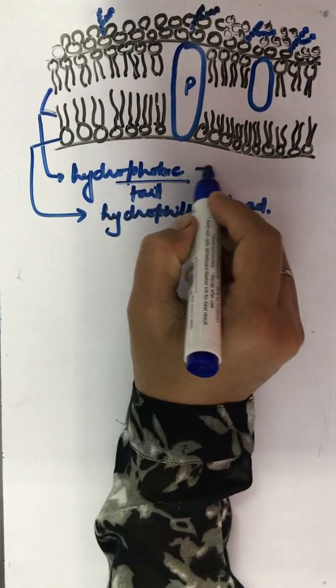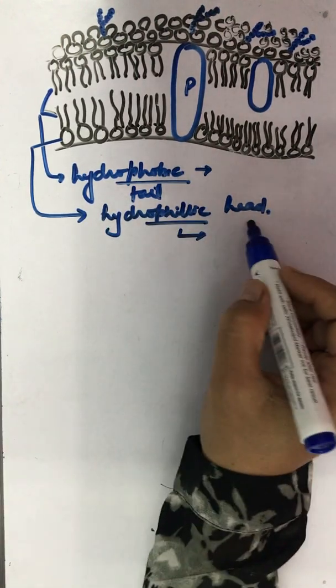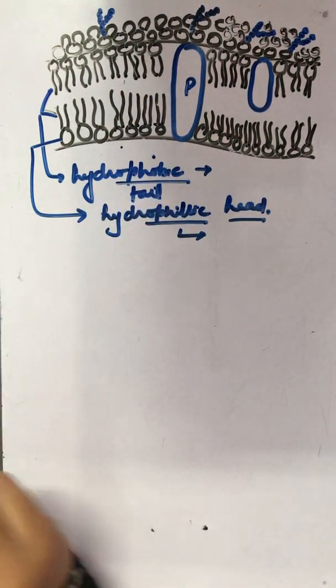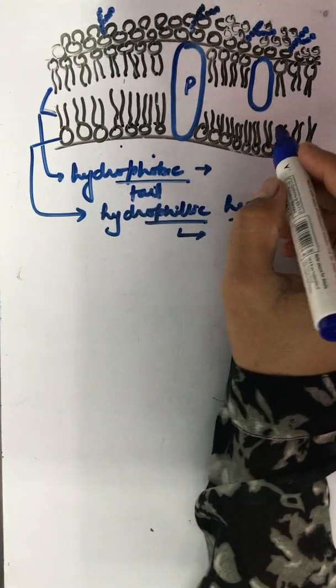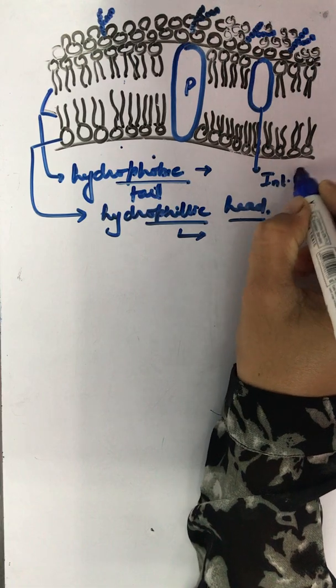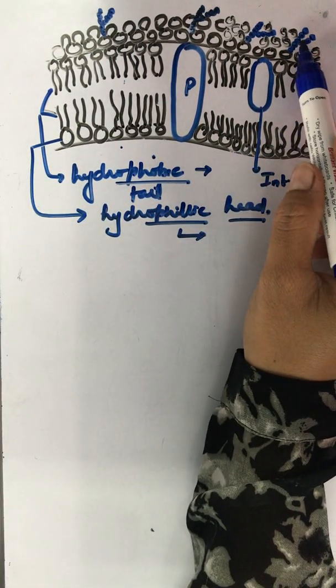Phobic, fear from water. Philic, love for water. That's why this head is towards the outer side and the tail is towards the inner side. These are the integral proteins. This is the lipid bilayer and this is sugar.